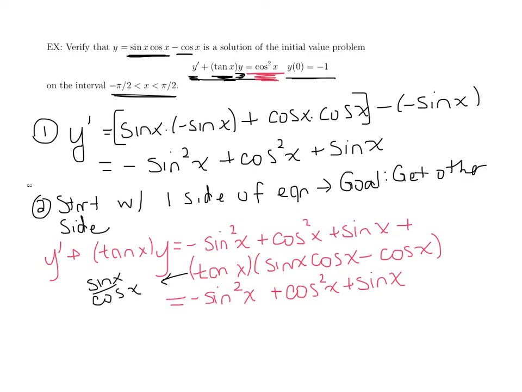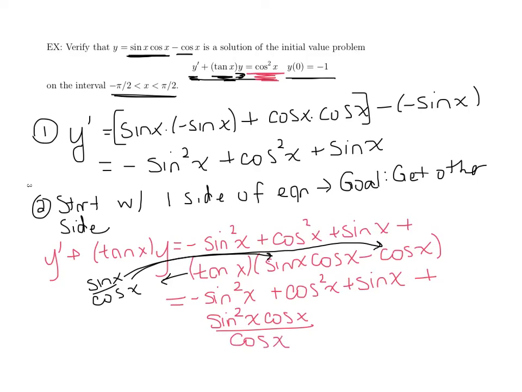And if we use that and start distributing it through to these two terms here, it looks like we'll get plus sine squared x cosine of x over cosine of x, and then minus cosine of x sine of x over cosine of x.